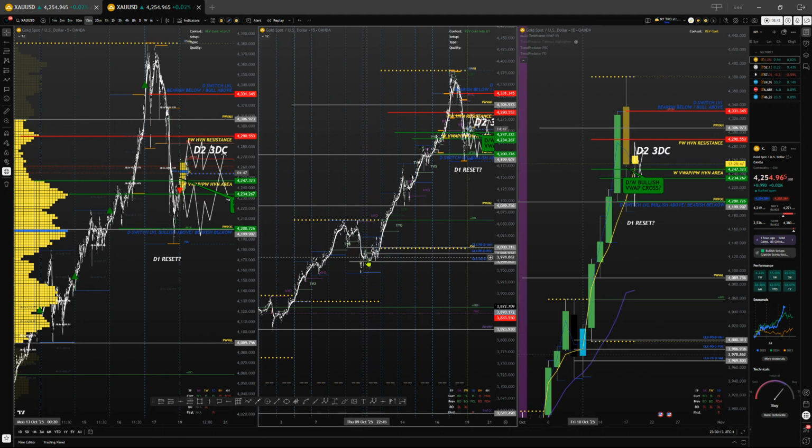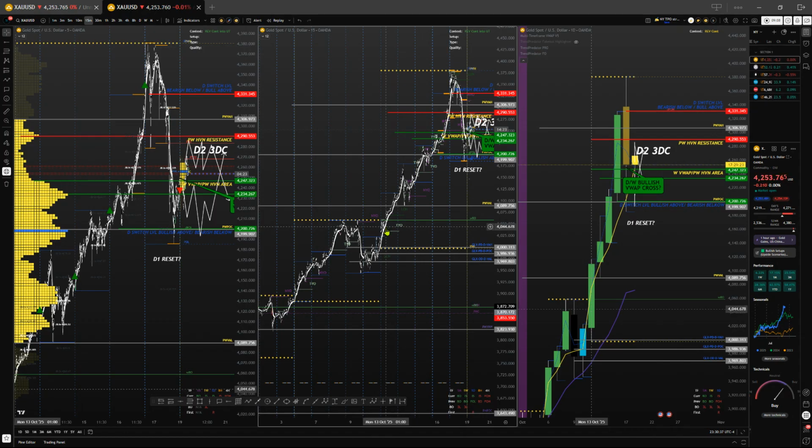Now, an inside day, funnily enough, you wouldn't count that as a day 3, although we did get a day 3 setup. You don't carry over the day count. So in this case, we skip that and it resets on Monday as a day 3. So day 1, day 2, inside day, Monday, day 3.